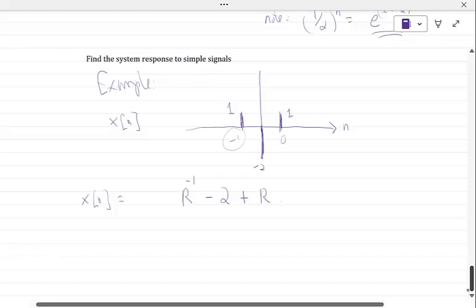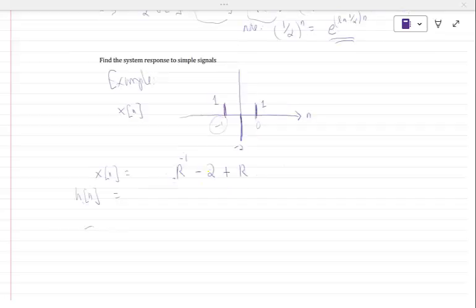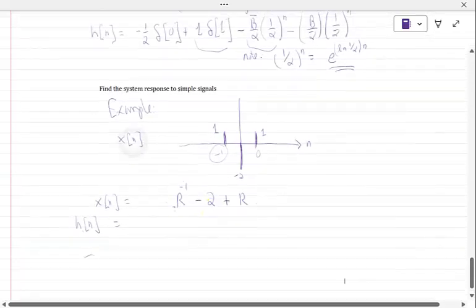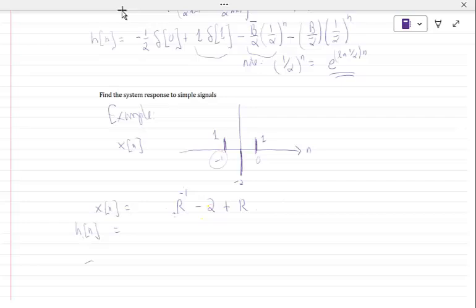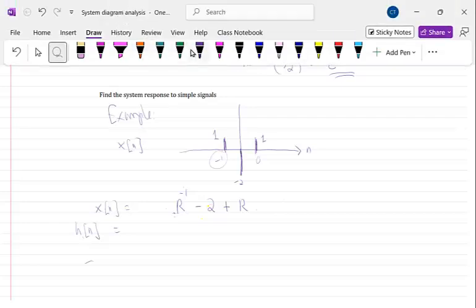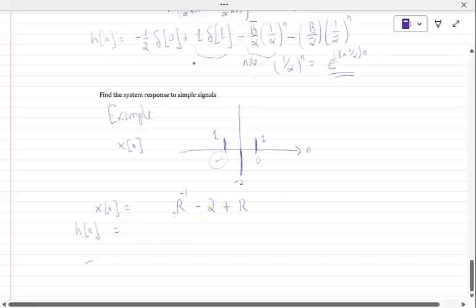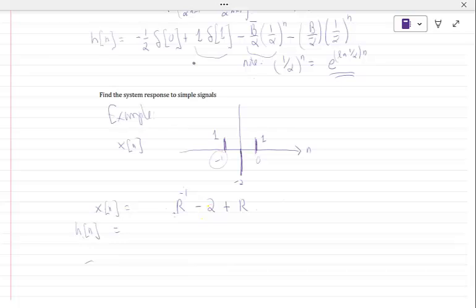Now, let's also write h of n in the same way. There's my h. This here is minus 1/2 delta of 0, so there's no delay.